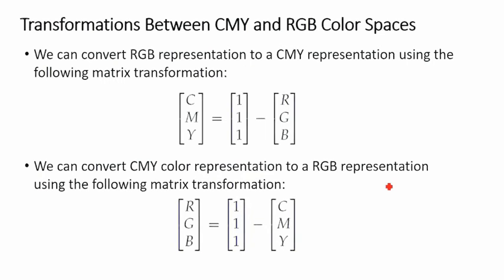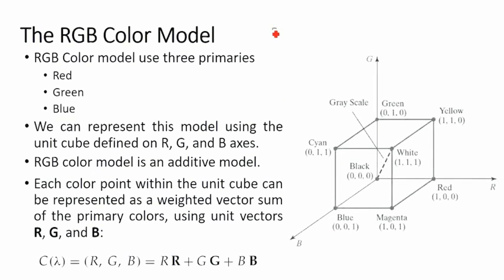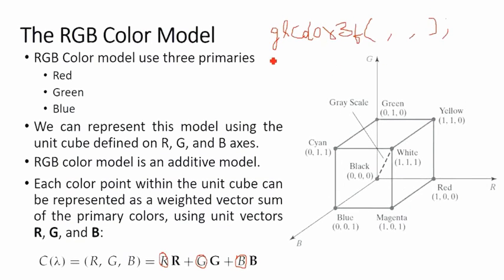Now in OpenGL, we have mostly seen glColor3f used to represent RGB primaries, and we pass colors inside it, that is the RGB value. Whatever values I pass here are nothing but the weight of the R component, the weight of the G component, and the weight of the B component that I want for the surface on which I am trying to assign the color, or the pixel which I am trying to color.